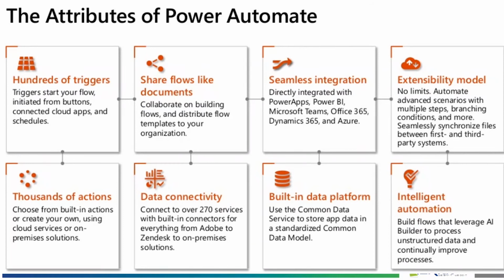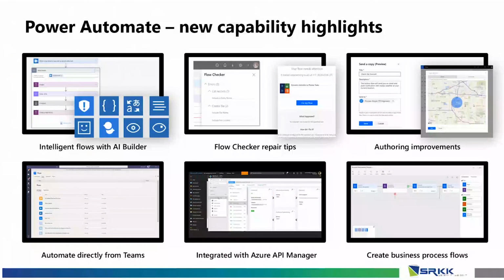It can scale down to Excel, or go higher up to SQL, or ERP and many other connectors. It has a built-in data platform with Power Automate. It has a CDS, common data store, to store your application data. And lastly, it has intelligent automations where you can leverage AI Builder to process a lot of unstructured data and continually improve other processes.